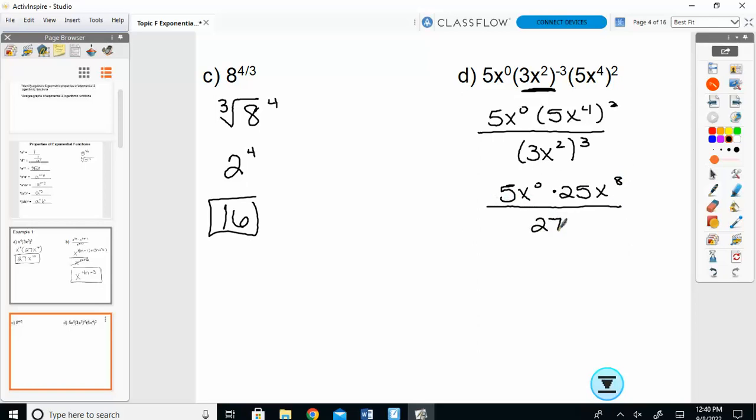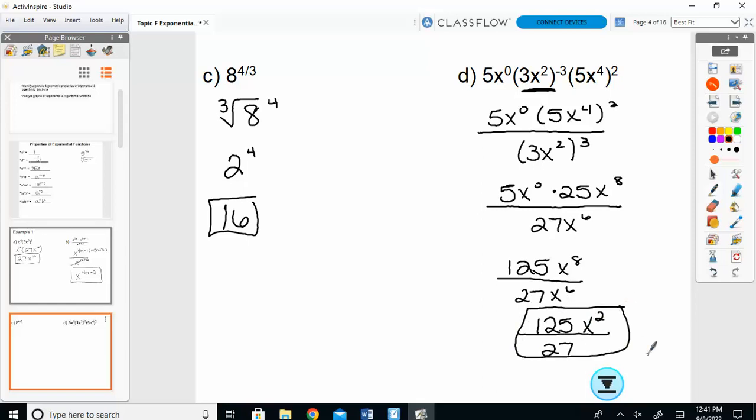Bottom, 3 cubed is 27, x to the 6. 5 times 25 is 125. x to the 0 times x to the 8th is just x to the 8th. Now what? Since I have x's on top and bottom, we can reduce those. 8 minus 6 is 2, so it's an x squared.